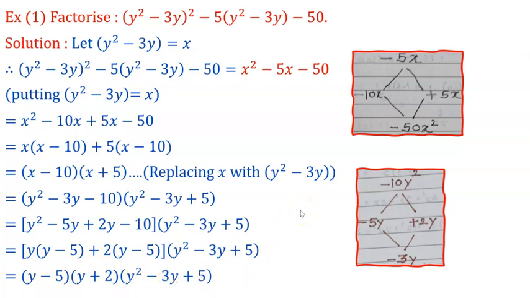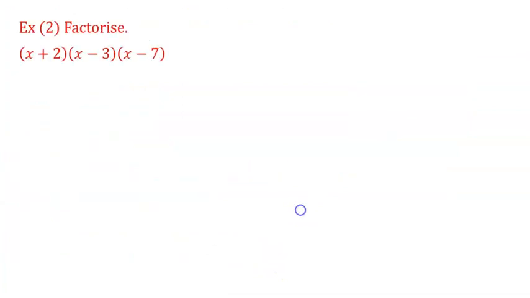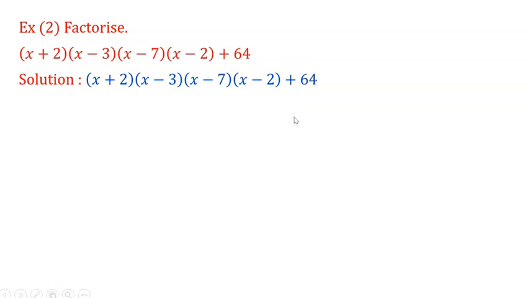Okay. Now next, again factorize here: in the first bracket x plus 2, into the second bracket x minus 3, into the third bracket x minus 7, into the fourth bracket x minus 2, plus 64. Now here is the solution. Okay. Now the product of this x plus 2 and x minus 7.